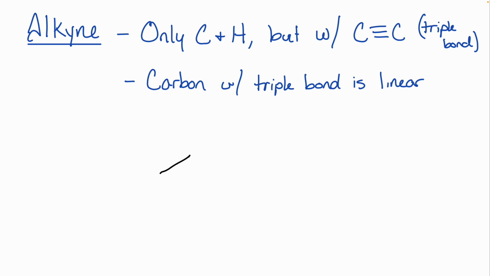Let's say we're drawing our carbon backbone here, with our zigzaggy lines. But now I'm trying to put in a triple bond on this fifth carbon here. You're not allowed to draw it kinked upright like this. That's not the correct geometry of that carbon. It has to be drawn in a straight line. So one more going down.